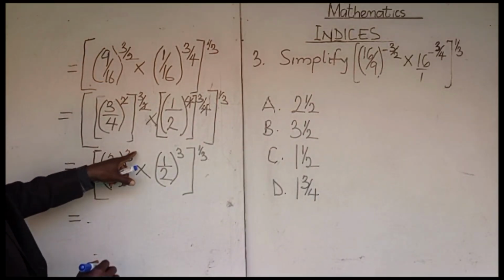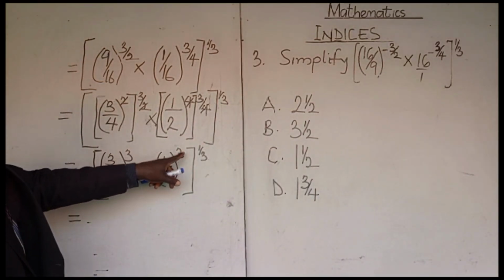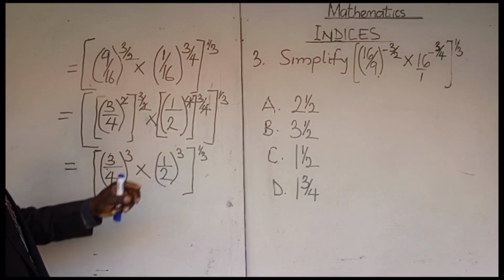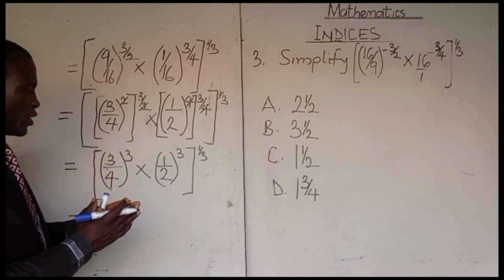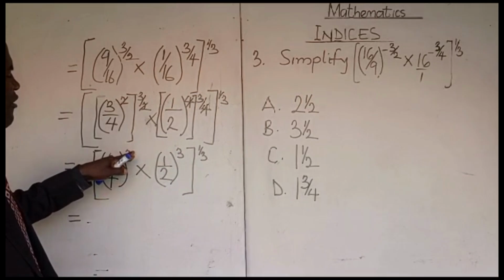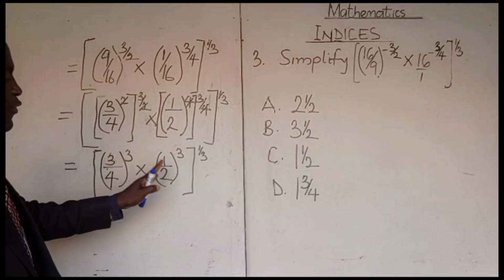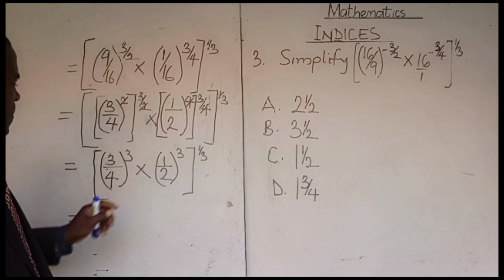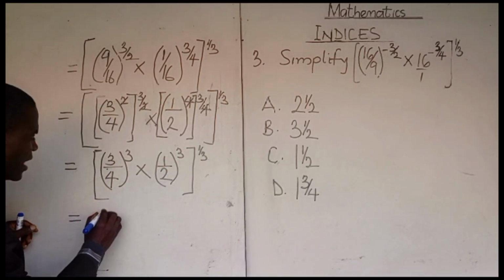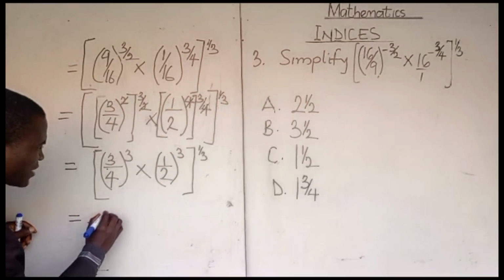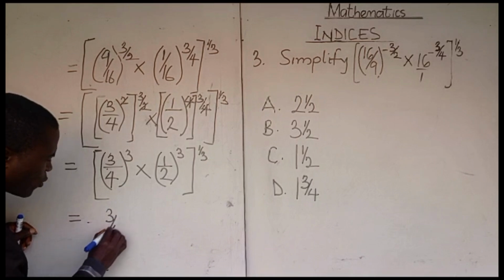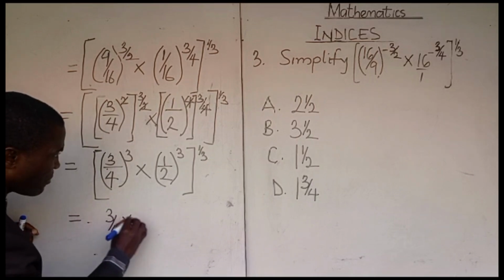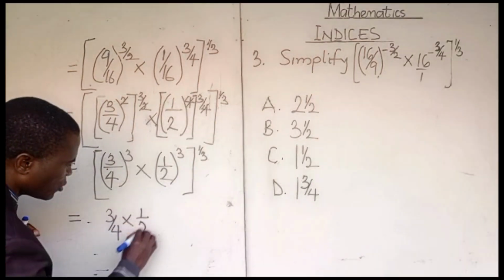Eventually, there is power of 3 here, there is equally power of 3 here. The multiplication law says that when you have two different terms that are having the same power, you can represent them in this way, which means we are going to have 3 all over 4 multiplied by 1 all over 2.